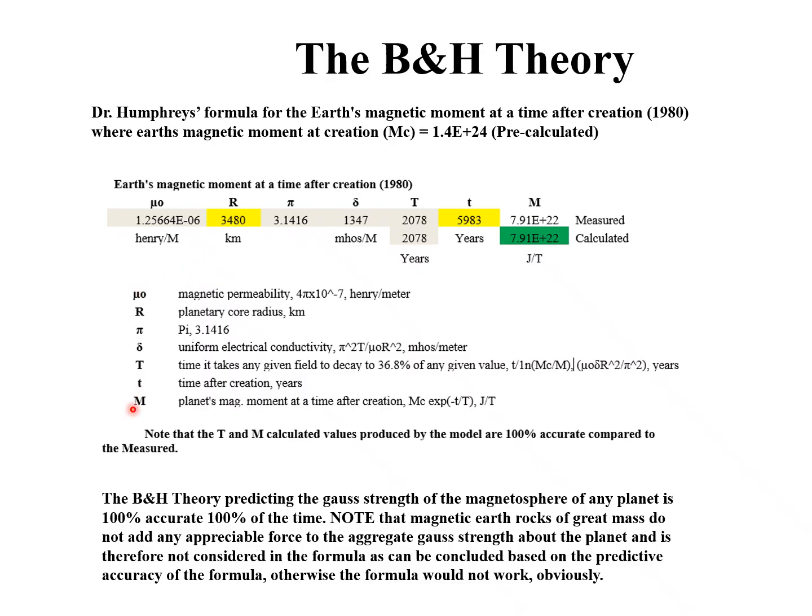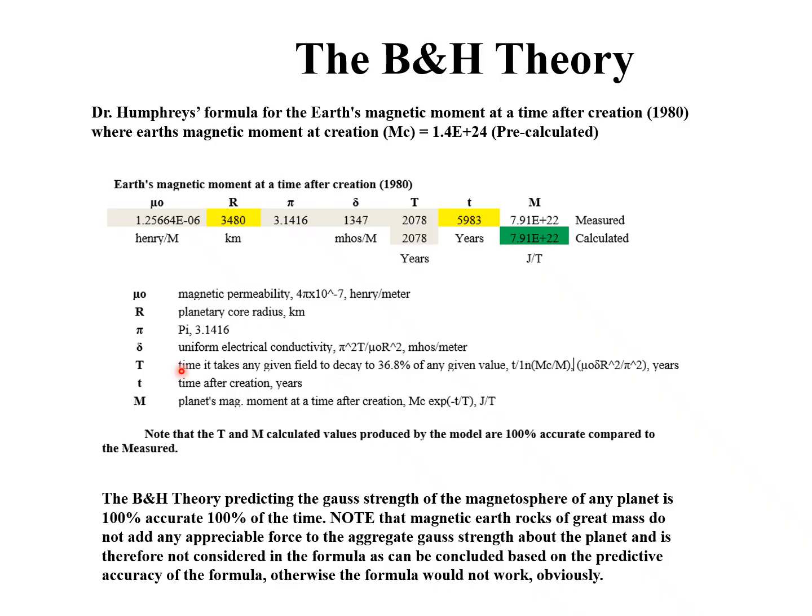Here are the variables. Mu naught is your magnetic permeability. There's the formula for that. R is your planetary core radius, of course pi, and then the sigma here is uniform electrical conductivity.